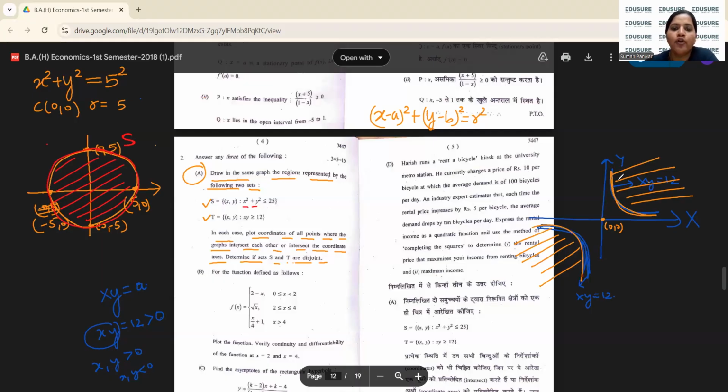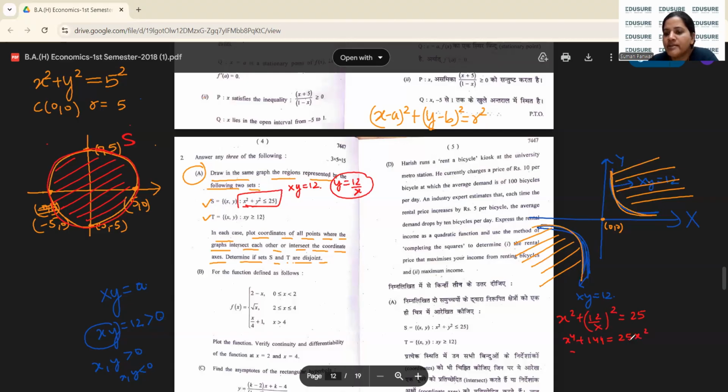Now we want to find out the points of intersection. So let us see where the boundaries are intersecting. XY equals 12, so Y equals 12 by X. Let us put this in the equation of the boundary. So X square plus (12 by X) square is equal to 25. So we have x to the power 4 plus 144 equals 25x square.